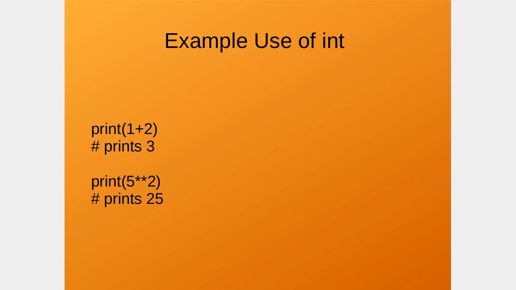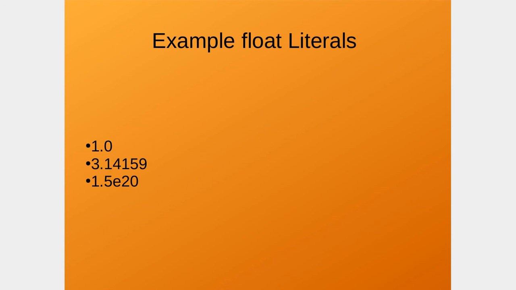Okay, so a couple examples of using int. No surprises there. Of course, 5 squared is 25. On example float literals, just note that they all have a dot in them, and scientific notation is the common e. So 1.5 times 10 to the 20th.